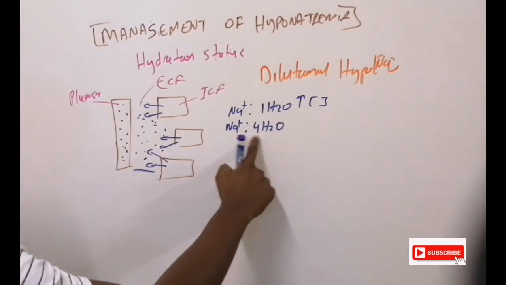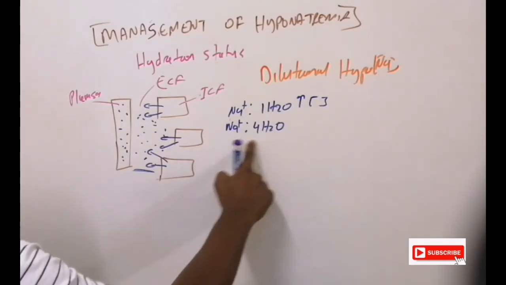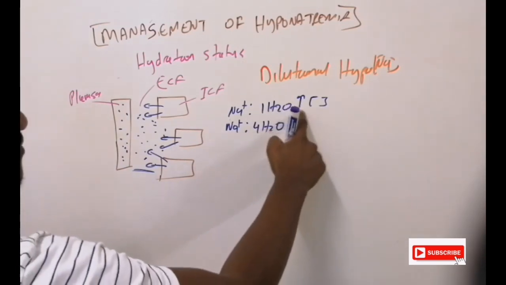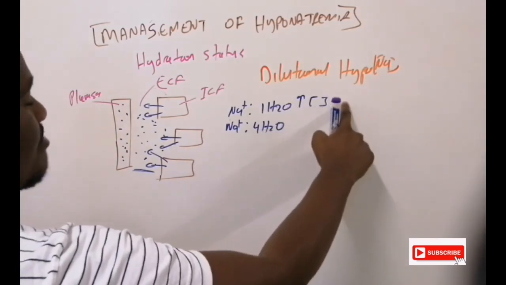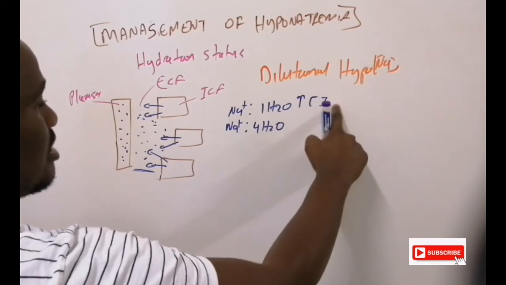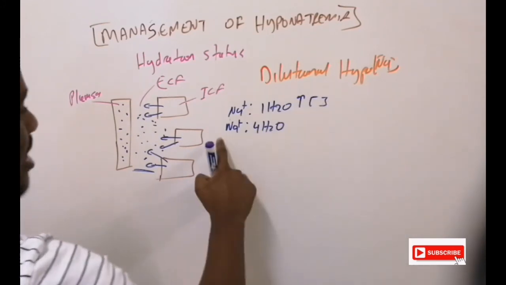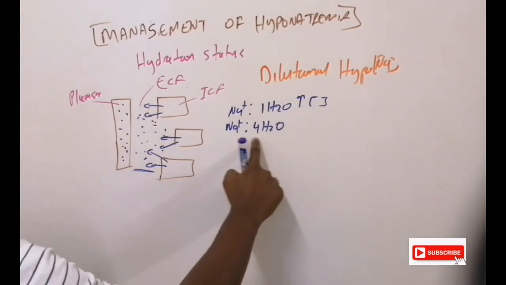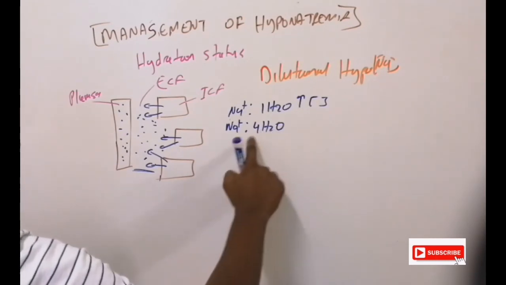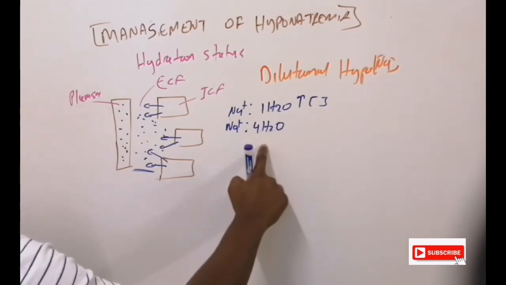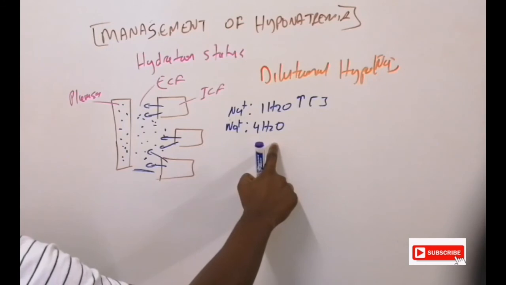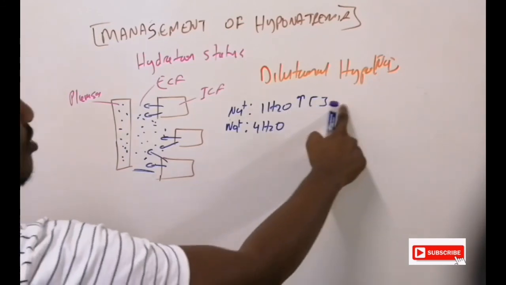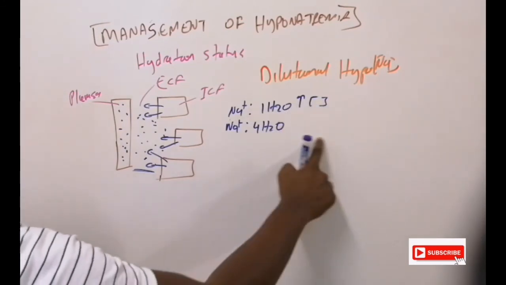So the sodium here is diluted. If you take a sample of this, your sodium will appear normal. But if you come here, your sodium is going to appear low compared to the molecules of water. So this is highly concentrated and this is diluted.